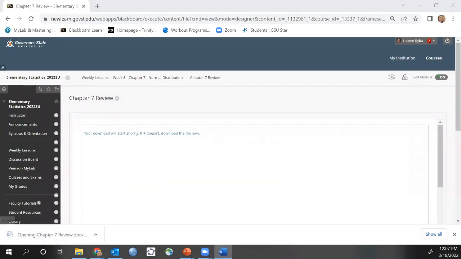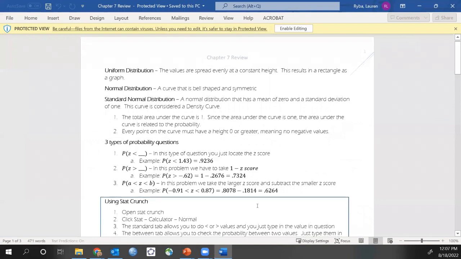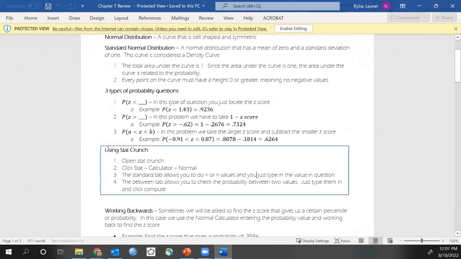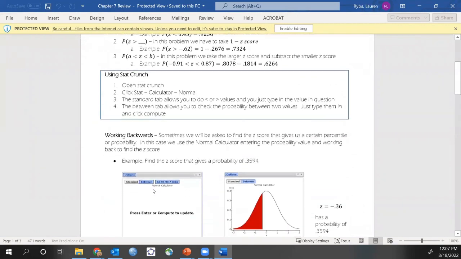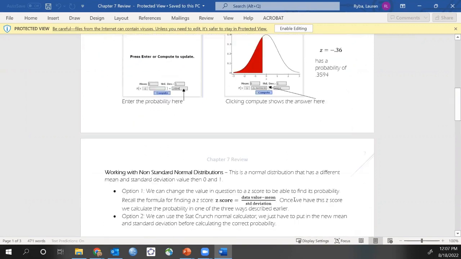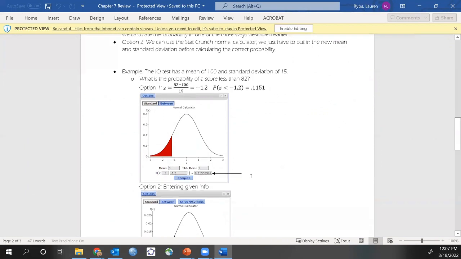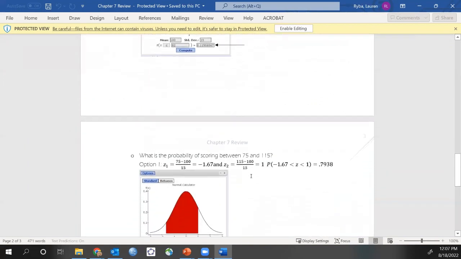Okay. So you're working and you say, I don't remember how to do this. Right here, using StatCrunch, what do you do? Working backwards, what do you do? Okay, exactly telling you what to do. Enter probability here. Clicking compute shows the answer here. So it shows you where you're going to go, where you type your information, how you get your answer, all of that.